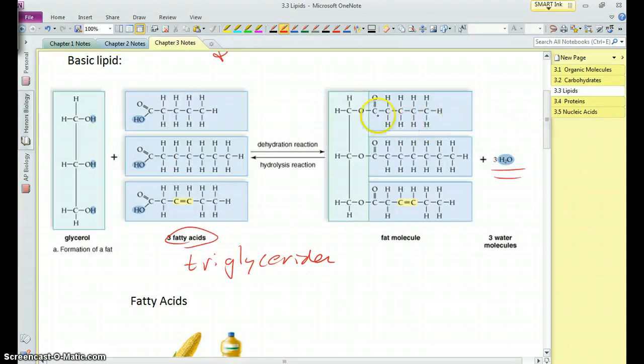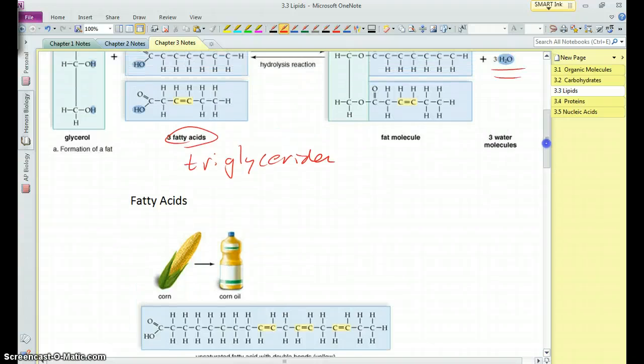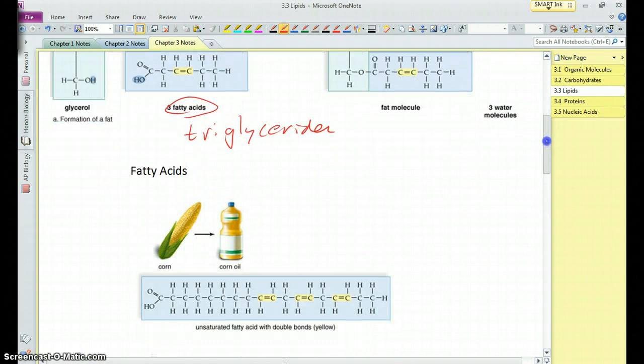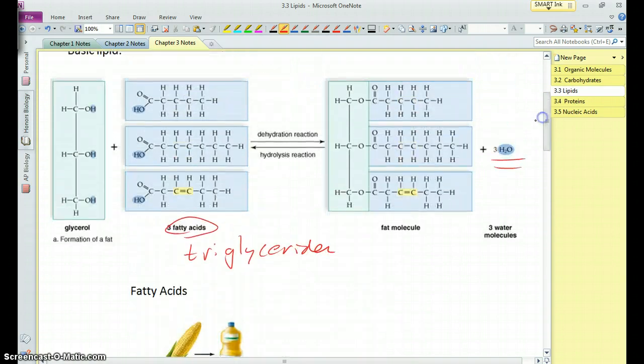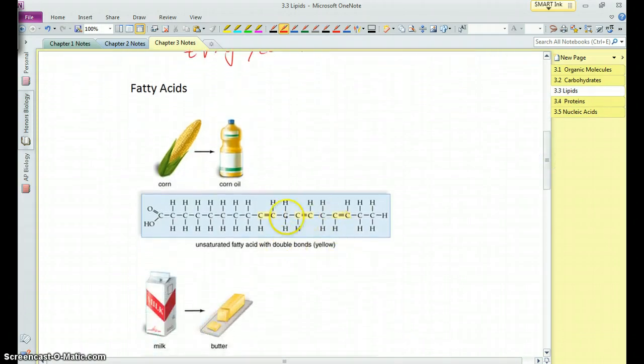Now, the types of fatty acids can vary. They tend to be long chains of carbon and hydrogen. Sometimes these fatty acids will be lacking hydrogens and will have some double bonded carbons in them. When you have a triglyceride with a lot of those types of fatty acids, these are what are known as the oils.